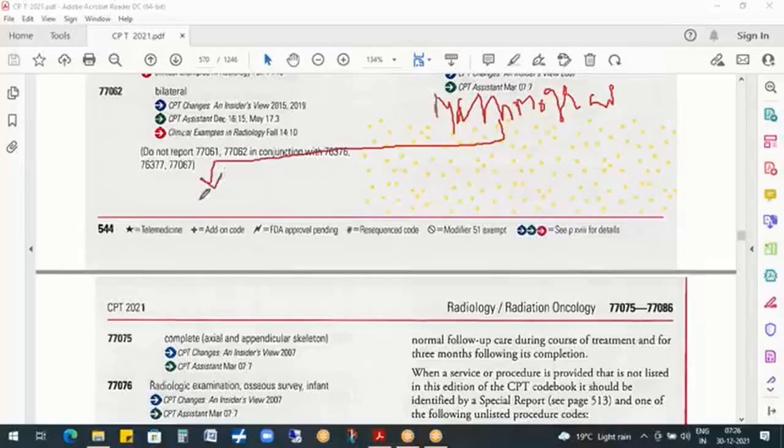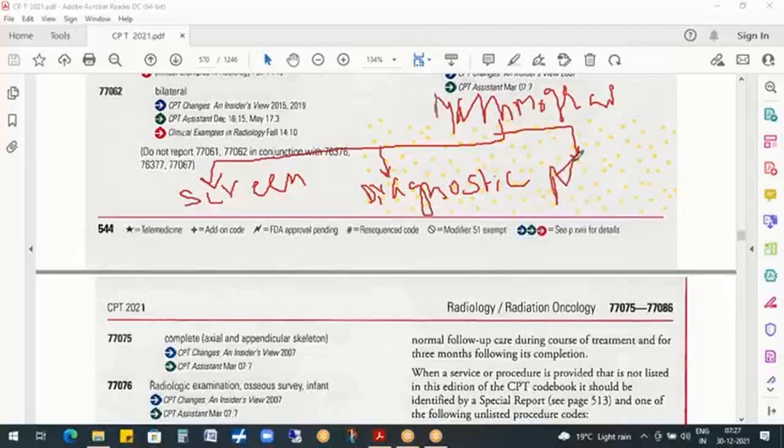First one, screening mammogram. Next, diagnostic mammogram. That means in the question, when you are getting mammogram, what do we need to look for? Screening mammogram, diagnostic. Third one, MRI.